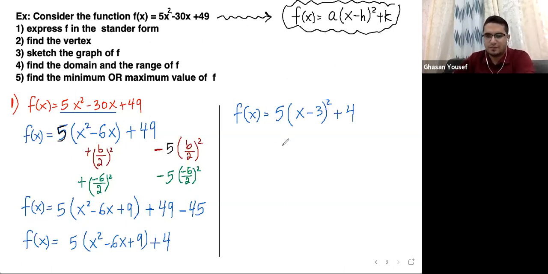So this is my standard form. This form is similar to f of x equals a times x minus h squared plus k. Is it clear? Any question?